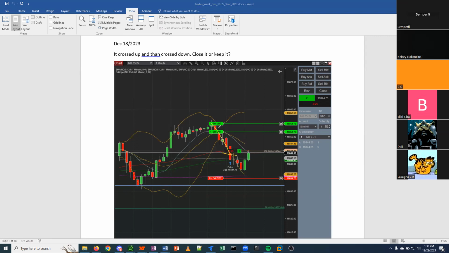Sometimes, like on data days, it'll go slow, slow, slow, and then data comes out, this candle will hit your level, bounce all the way up, and then the market digests it and keeps going down. That's why, as beginners, I recommend you wait for the level to be hit and wait for that candle to finish.